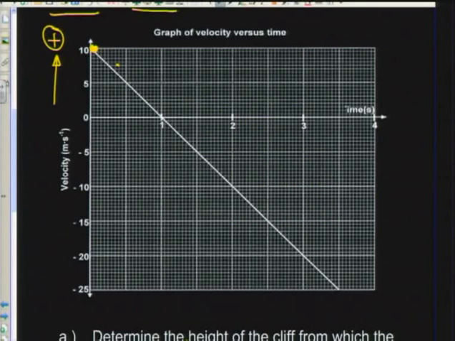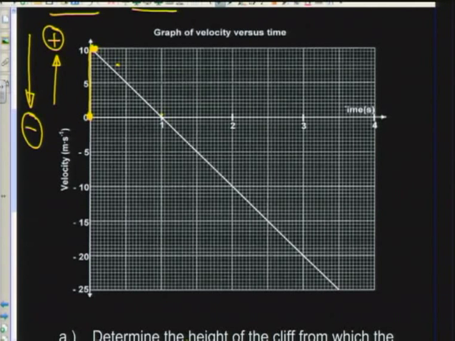The velocity goes from 10 meters per second down to 0 meters per second, which is positive, but immediately after the stone has gone to its highest point, we have negative values for the velocity. So going upwards was positive, and therefore coming downwards is taken to be negative.